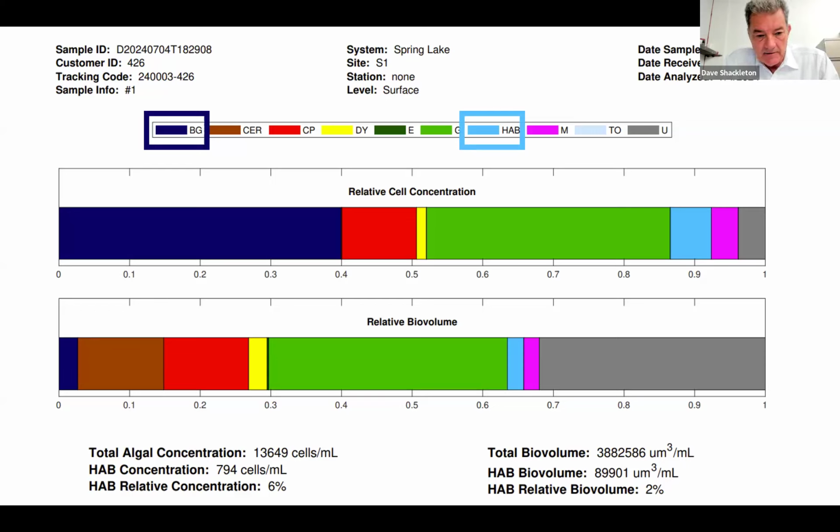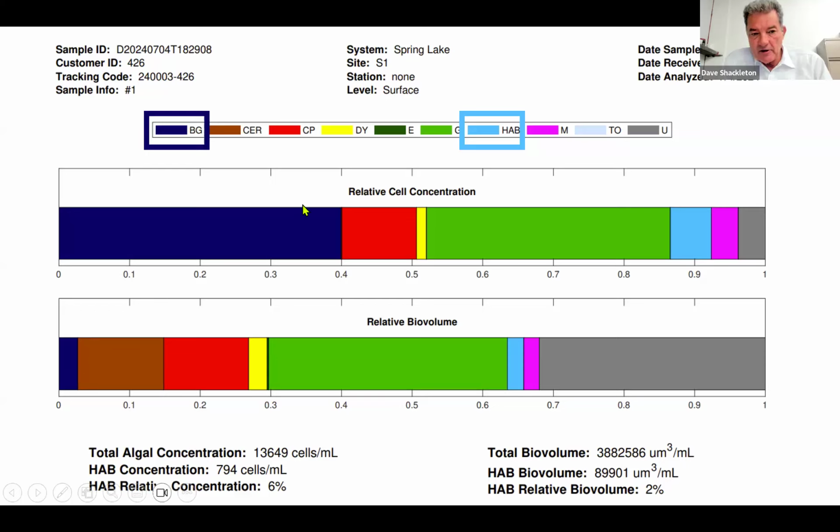So you'll see here that we have a small amount, 2% is HAB, but a lot of the cell concentration is cyanobacteria. About 40% of the cells are cyanobacteria, the blue-green, but only about 5 or 10% of the biovolume.